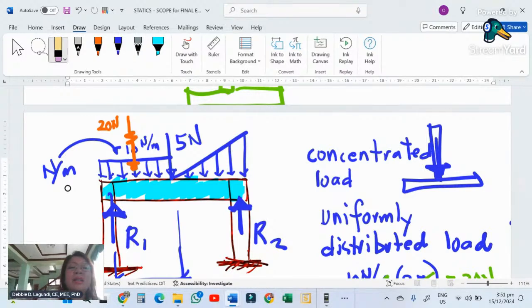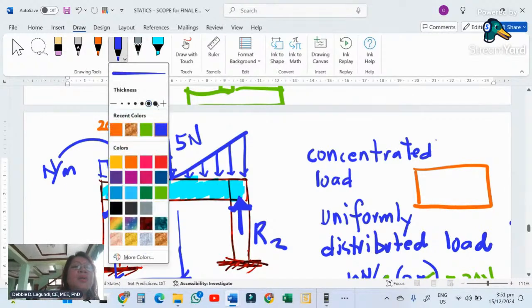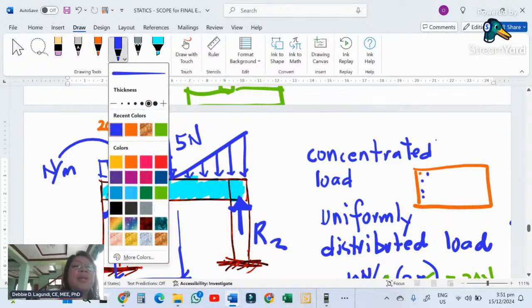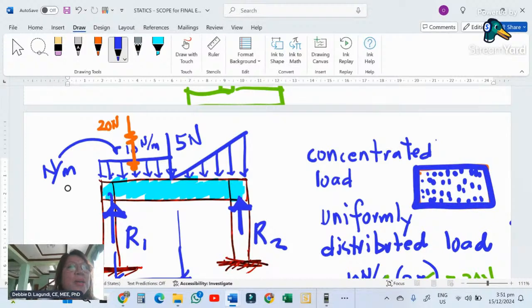And the uniformly distributed load could be live loads. We can just imagine, for example, a floor in our classroom, and you guys will be seated here, seated there. So all the students are seated like this, yeah? In this floor, there will be uniform distribution.